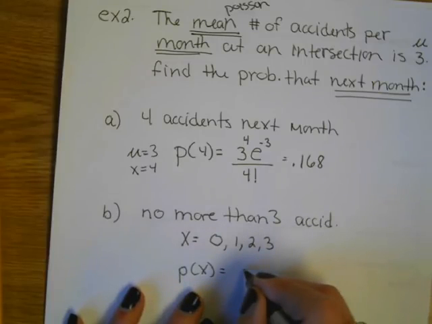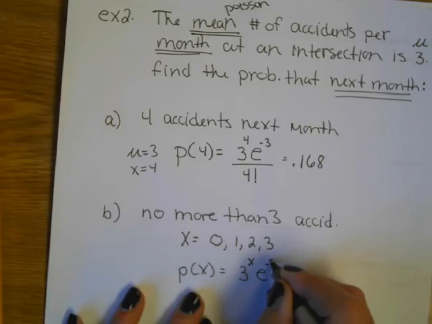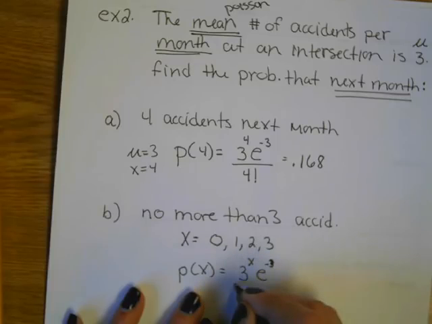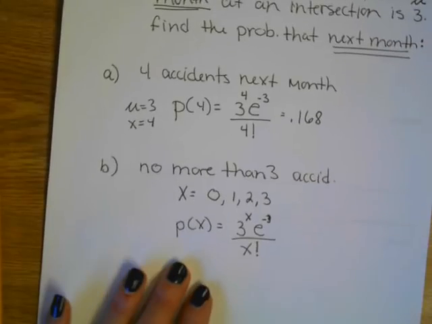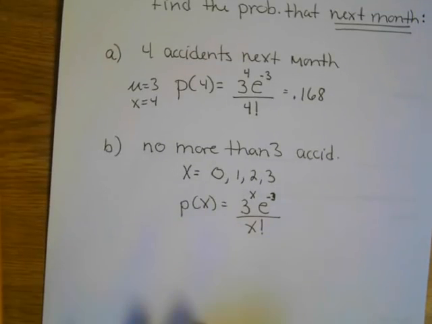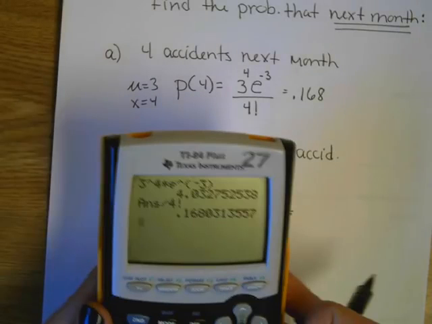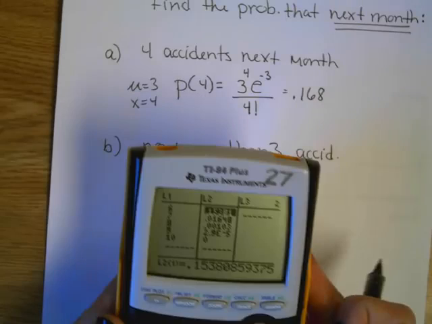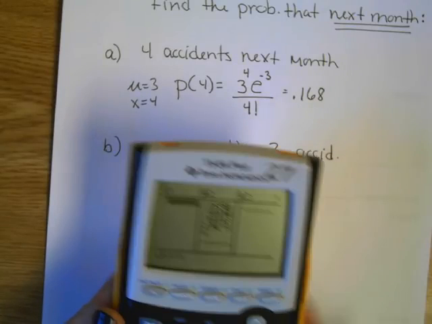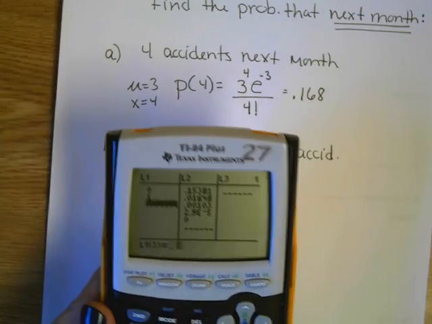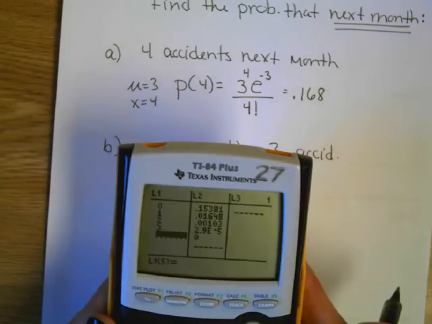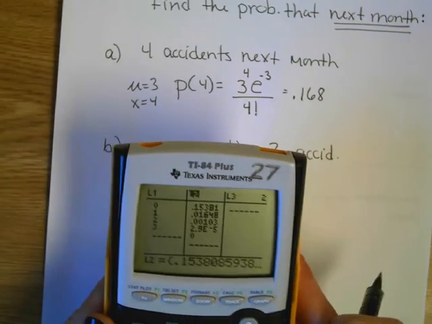So it's mu raised to the x, e raised to the -3rd, over x factorial, and our x's are going to be our values in L1. That's gonna take forever. So we're going to put in 0, 1, 2, and 3. Clear.